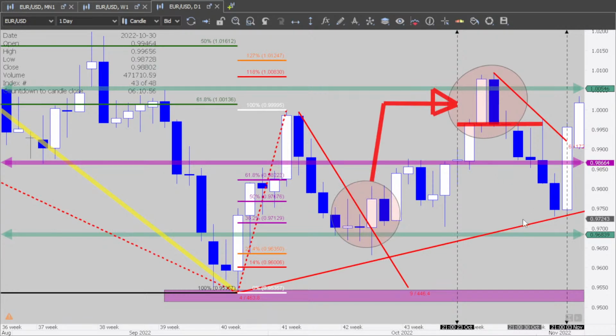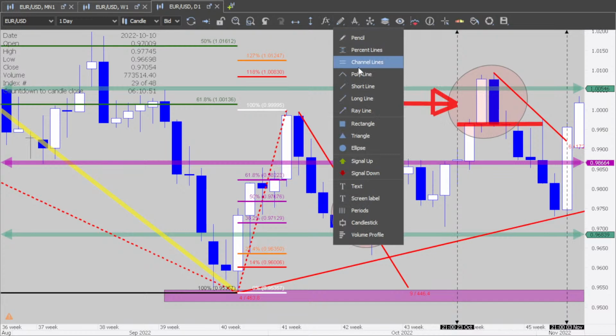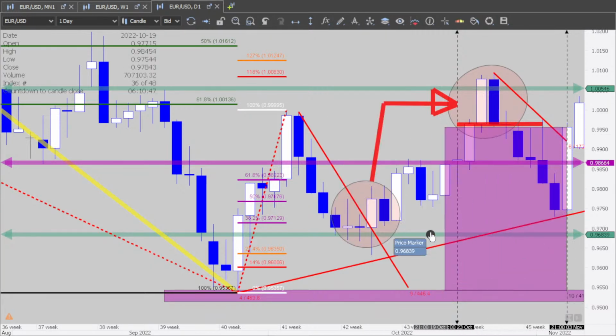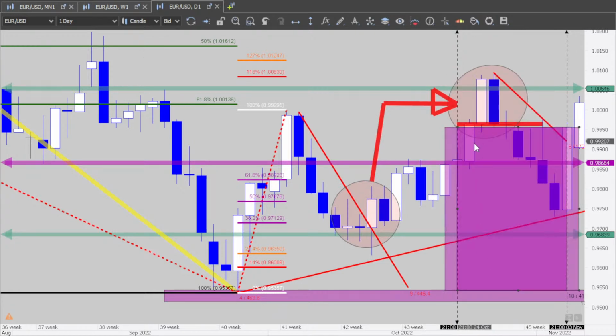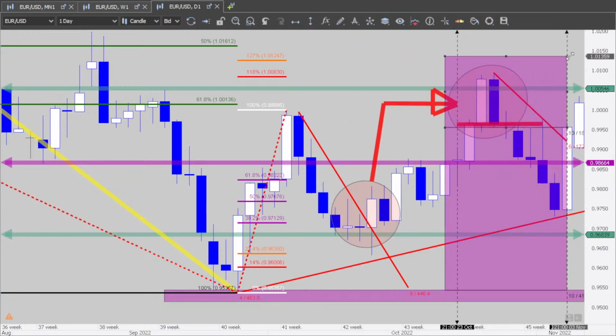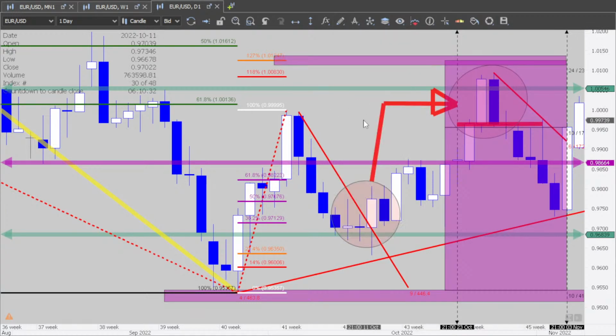Gianpaolo now cannot re-enter. Why not? Orange goes to orange. So this is Gianpaolo's risk, and this is Gianpaolo's reward. Gianpaolo is done for the trade. Make sense?